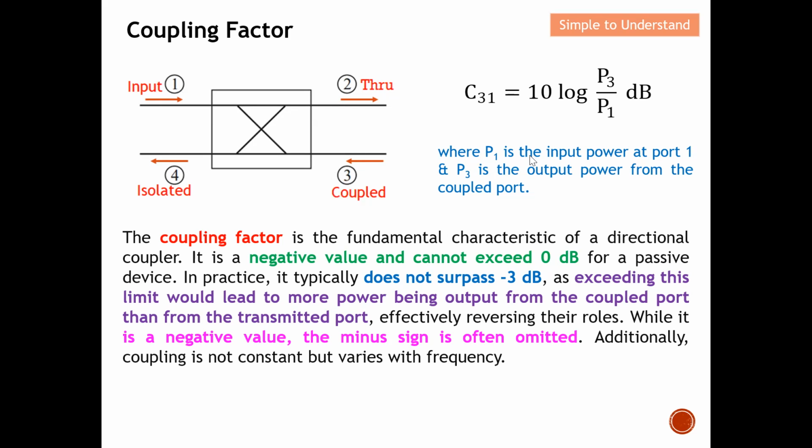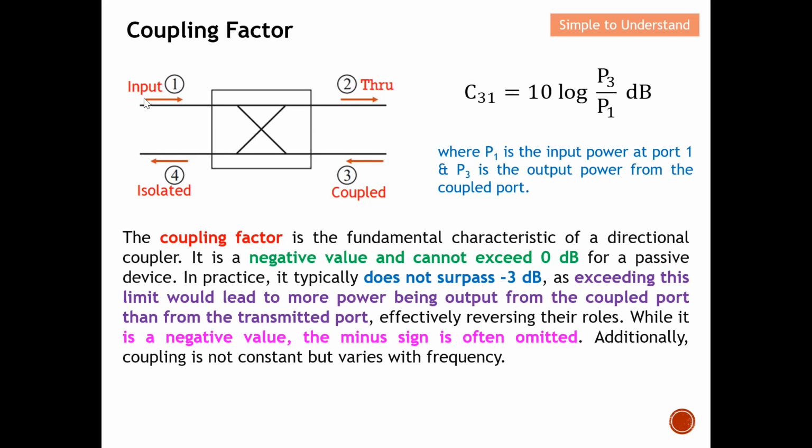P1 is the input power at port 1, and port 3 is the output from the coupled port. Remember I told you that some amount of energy can be coupled over to port 3, and this is what we call the coupling factor. How much is coupled from port 1 to port 3?